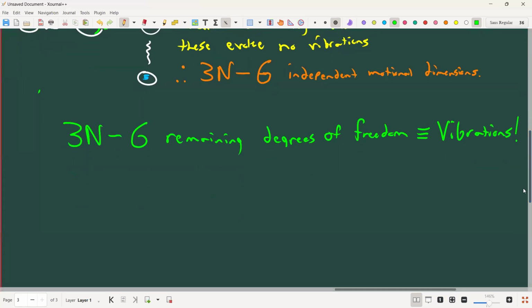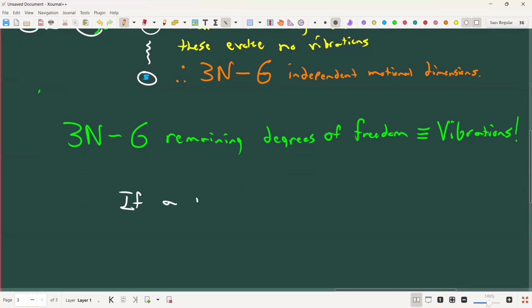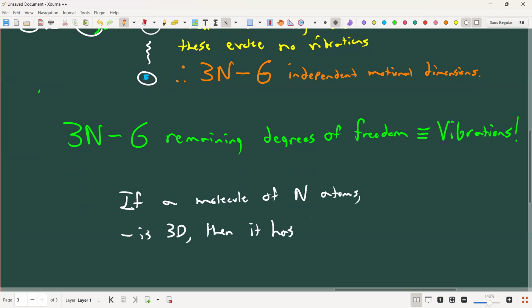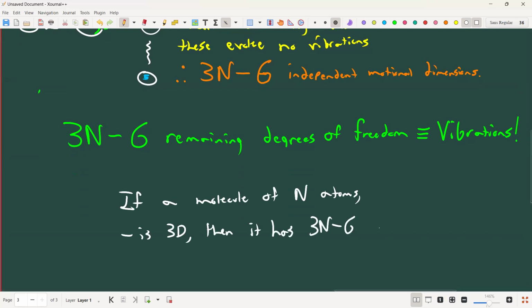Okay, so we have a very, very simple rule. If a molecule of n atoms is 3D, then it has 3n minus 6 unique vibrations.